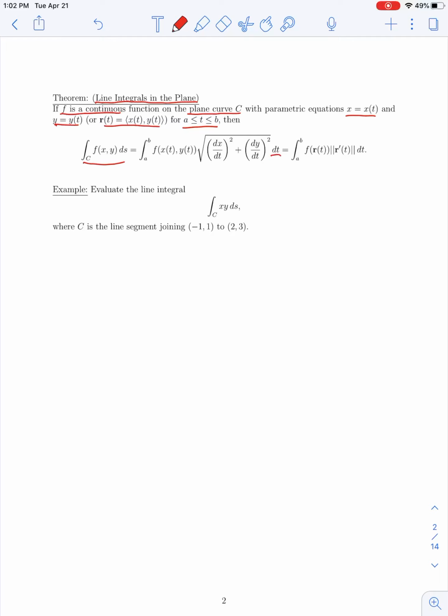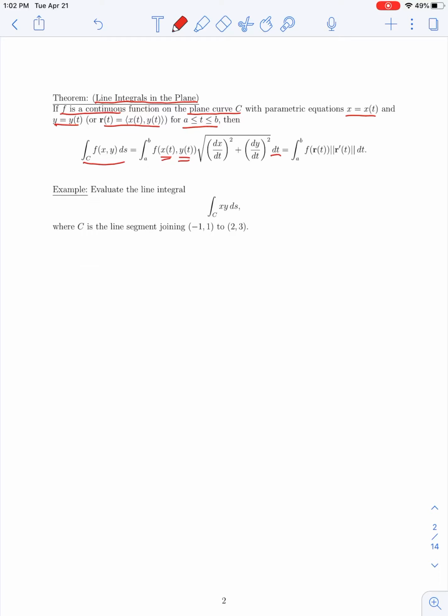So here we will replace x and y with the parametric equations for points along that curve. So for any point x, y on the curve, the x and y coordinates are given by these functions of t. So we'll replace our x and y within our function by those parametric equations of t.